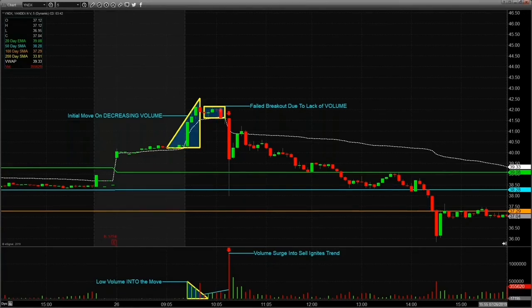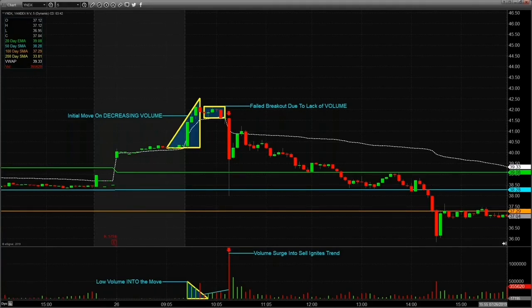Now it starts to fail at 42, starts to roll over, and then look what happens here. All those people who were trying to buy this and push it through 42 get impatient and they sell. And look at this volume surge that you now have. This is a confirmation of trend.